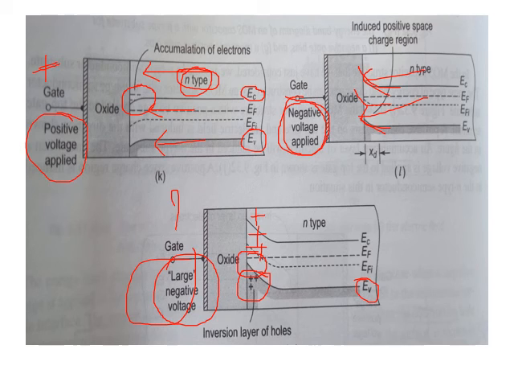All the concepts are clear: what happens if we apply positive and what happens if we apply negative, especially in both materials, p-type and n-type.